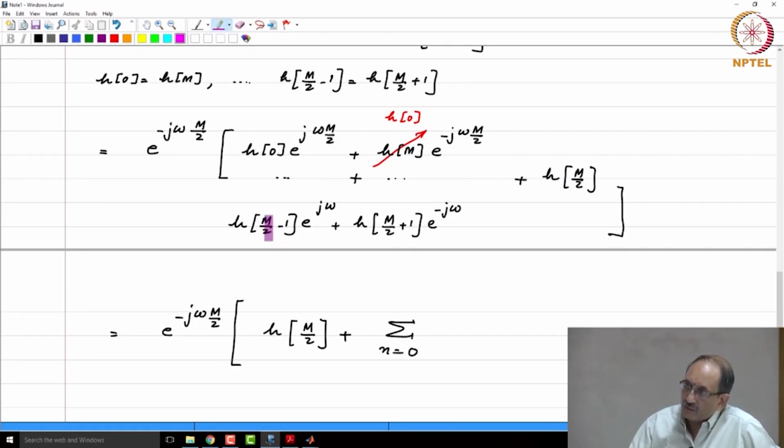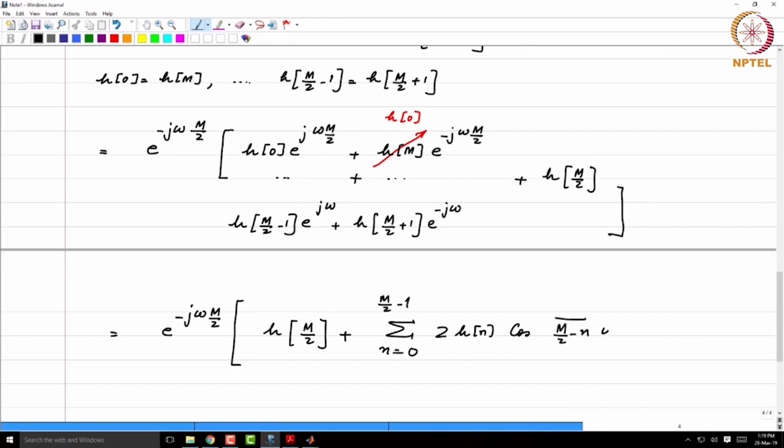Therefore, the highest index has to go to M by 2 minus 1. Therefore, the upper limit is M by 2 minus 1. This, if you simplify, becomes 2 times h of 0 cos omega M by 2, and let me write down the final expression and you will be able to verify each of these terms follows this pattern. So, this is 2 times h of n cos of (M by 2 minus n) times omega.